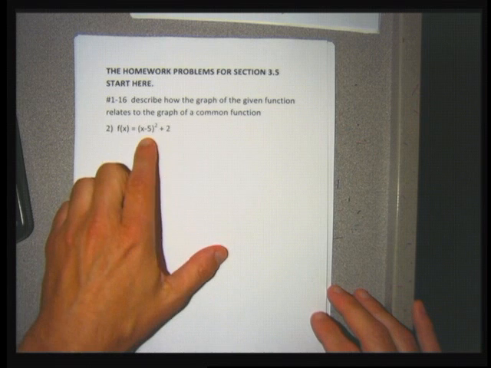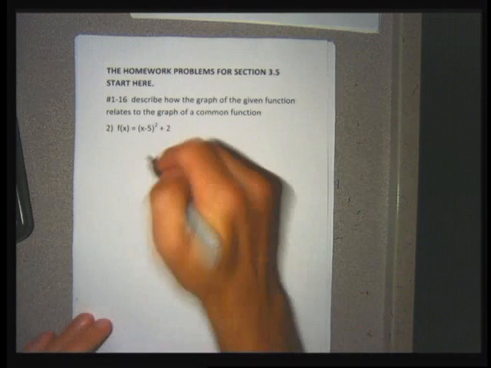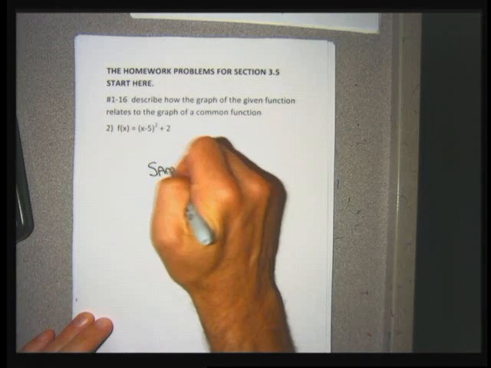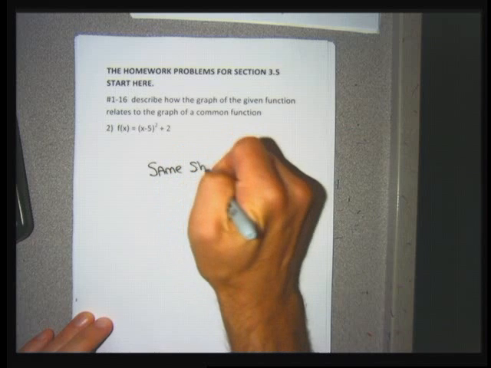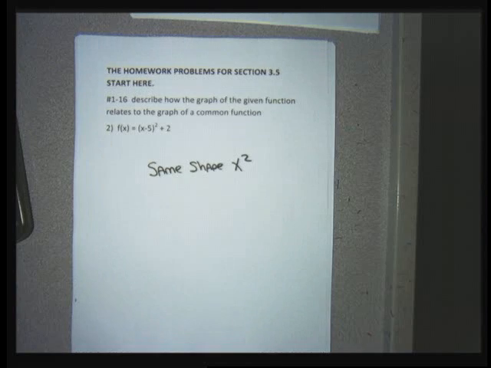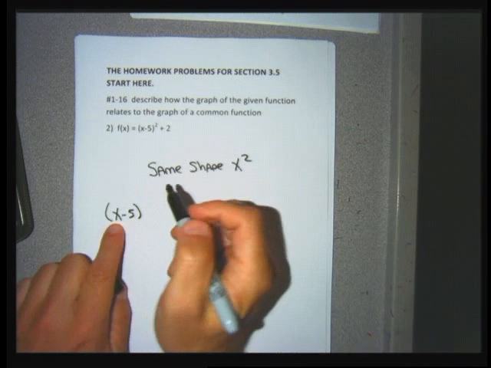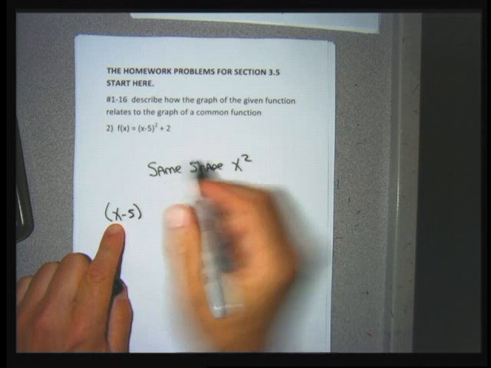The common function I'd be comparing to is x squared because of the squared. So this graph right here is going to have the same shape as x squared, but it has two moves. And this part of it, the x minus 5 inside the parentheses, is going to move it to the right.